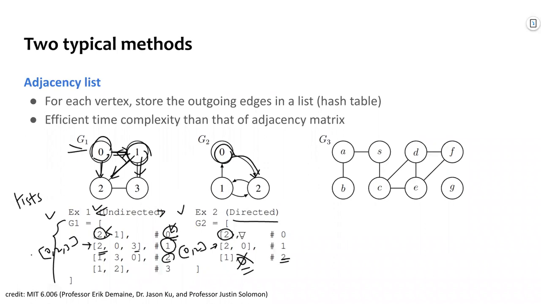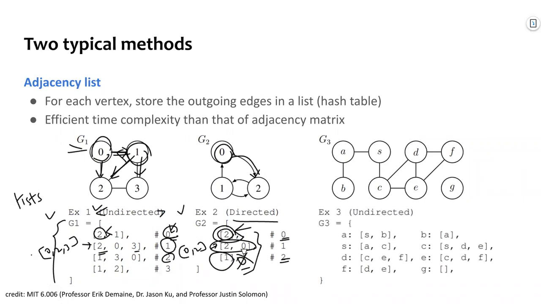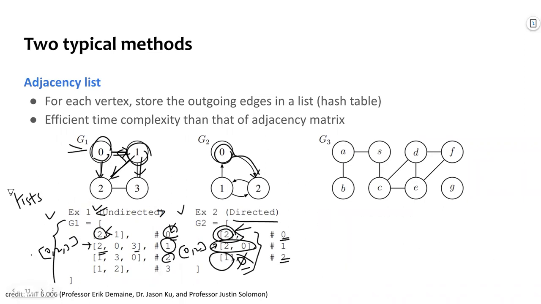However, the ordering of these sublists is important, because this one represents the edges connected to the node 0. So the ordering of these sublists is important. So in the first 2 cases, we used lists to represent the edges connected.